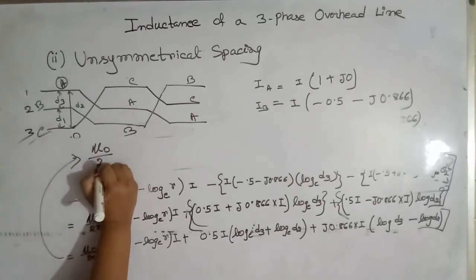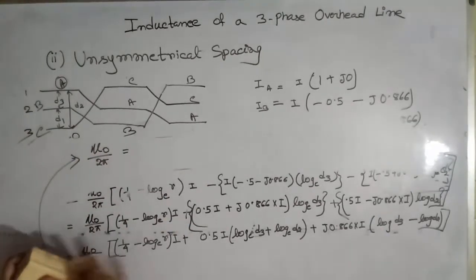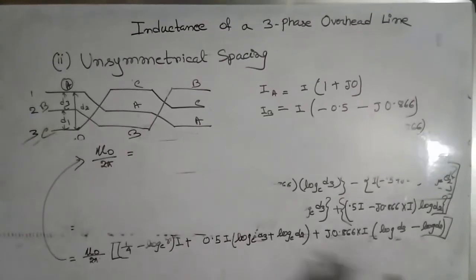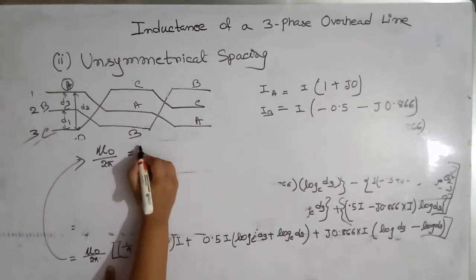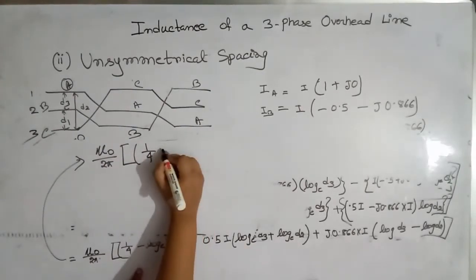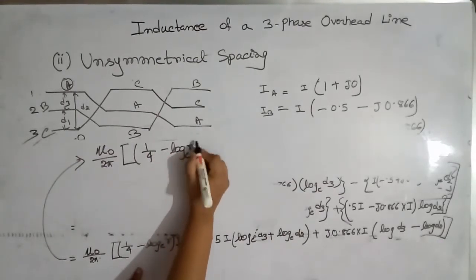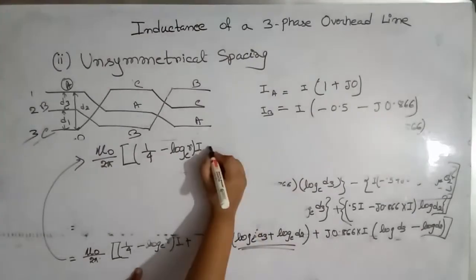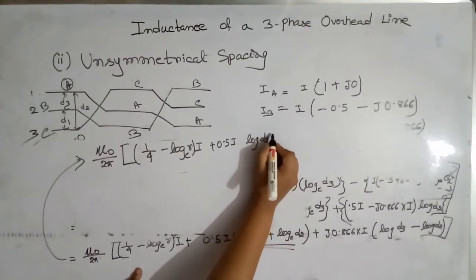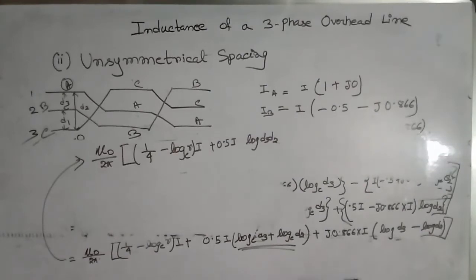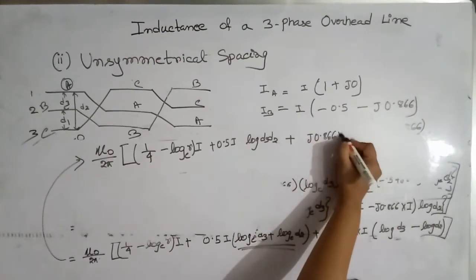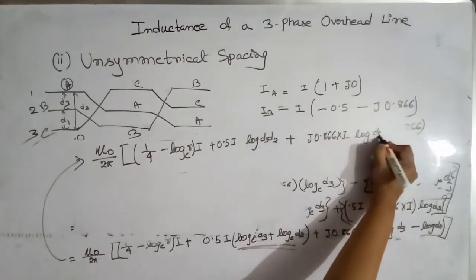Mu 0 by 2 pi equals 1 by 4 minus log e R into I. We can write this as log D3 D2 plus j 0.866 into I log D3 by D2.